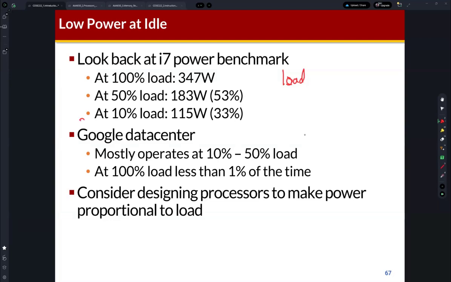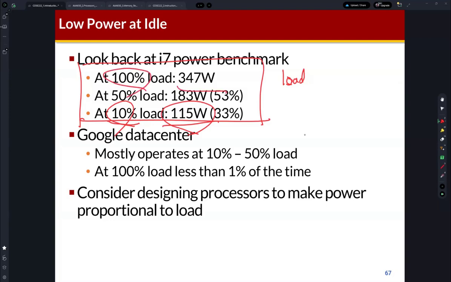So this is the example. This is the workload level, and this is the power consumption. If the workload level is 10% of the maximum capability of the CPU, this computer system consumed 15 watts. How about the 100% load?